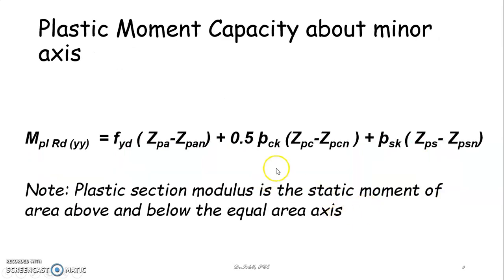If I know the HN, then I can calculate the plastic resistance of the cross section about the minor axis. That is taking the whole section plastic section modulus of a structural steel about minor axis, and the 2H region structural steel plastic section modulus about minor axis, and so on. You can substitute it, you'll get what is the moment of resistance about the minor axis.